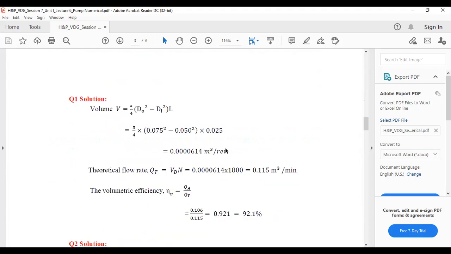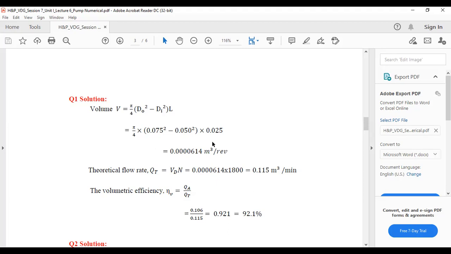See here, volume is calculated by pi by 4 into outer diameter square minus inner diameter square into length. So volume is calculated as pi by 4 into 0.075 square minus 0.050 square into 0.025.